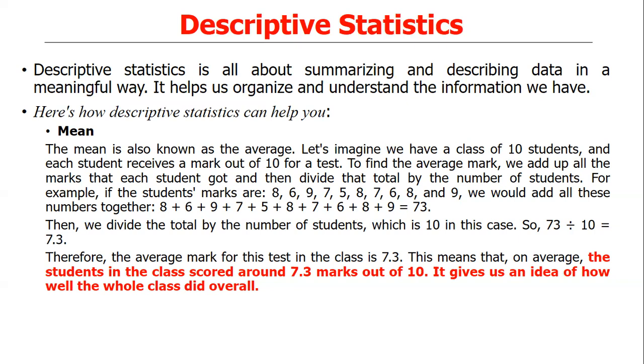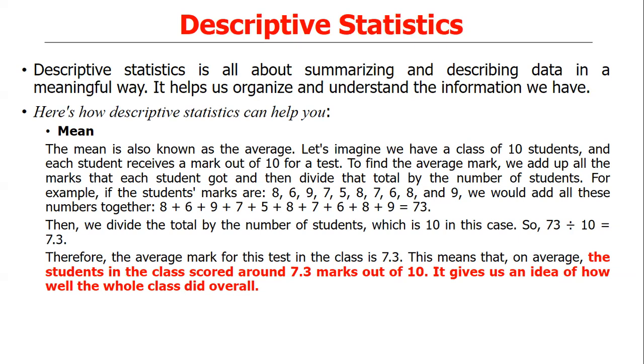For example, if the student marks are 8, 6, 9, 7, 5, 8, 7, 6, 8, and 9, we would add all these numbers together. So we have 8, 6, 9, 7, 5, 8, 7, 6, 8, 9 equals 73.